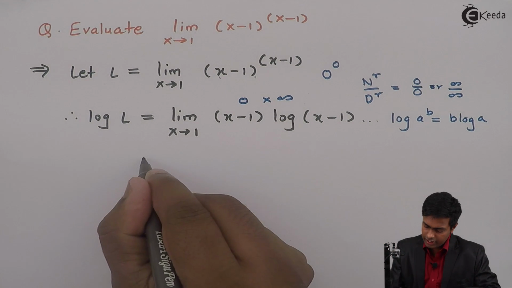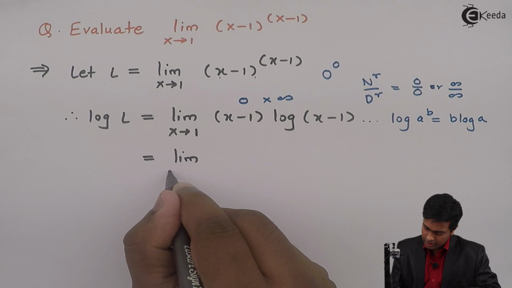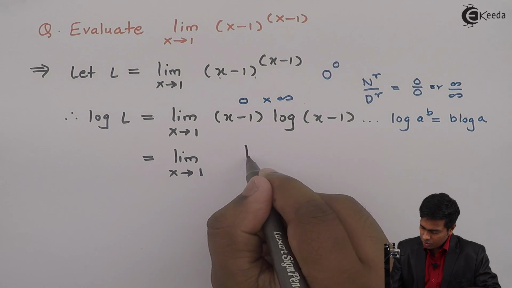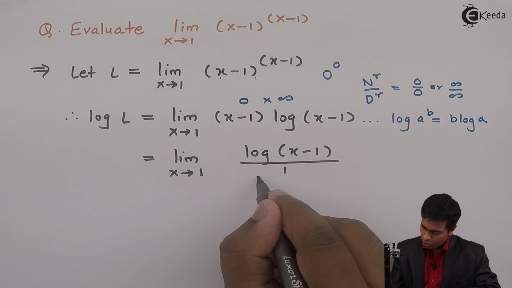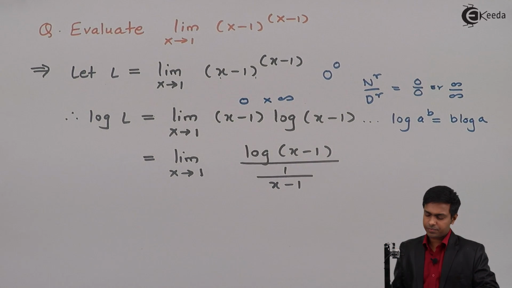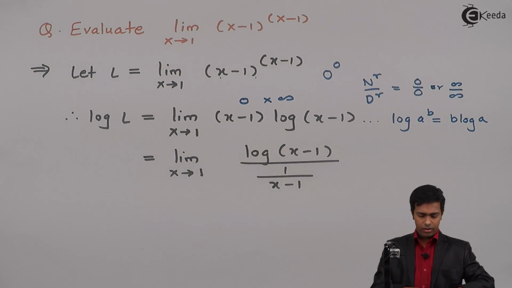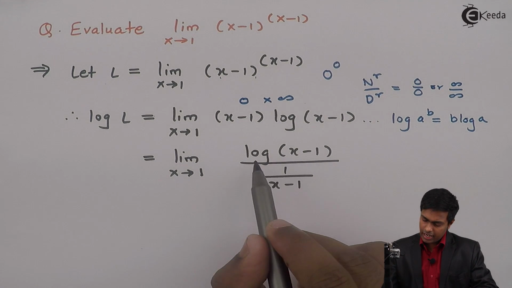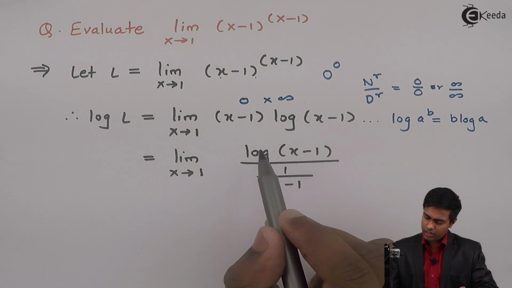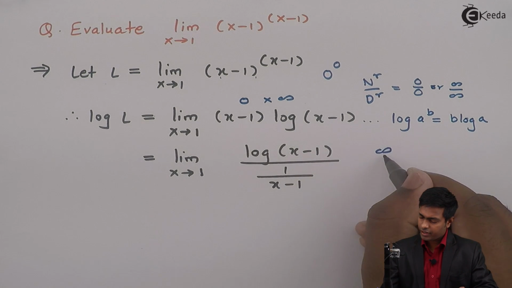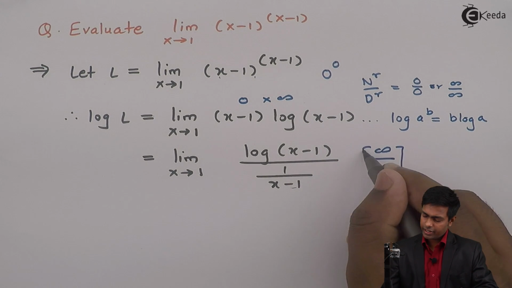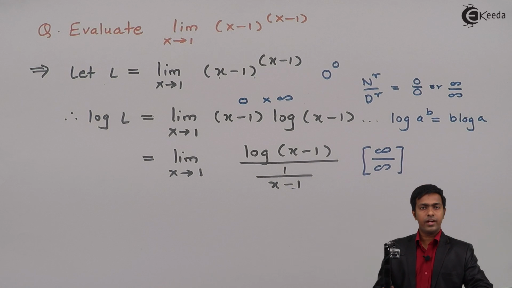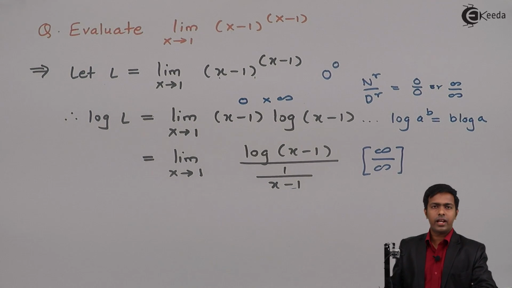So here we will get limit x tends to 1 of log of (x minus 1) upon 1 upon (x minus 1). So here you can say that log of (x minus 1), that is log of 1 minus 1, that is infinity, and here 1 minus 1 is 0, 1 upon 0 is infinity. So now we are getting the form infinity upon infinity, and hence now we can apply the L'Hopital's rule.